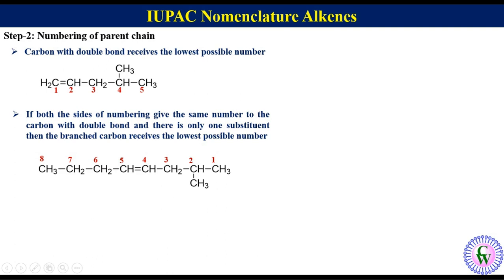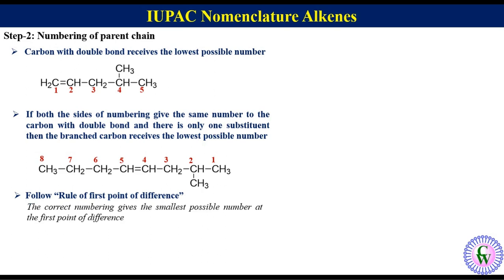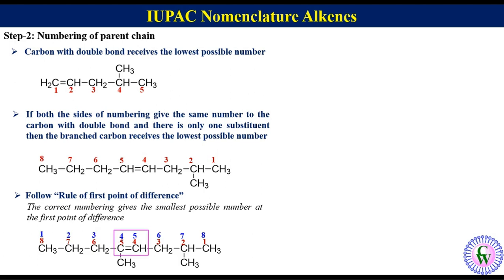If both the sides of numbering give the same number to the alkenic carbon and there are more than one branches, then rule of first point of difference is followed, according to which the correct numbering gives the smallest possible number at the first point of difference. For example, in this molecule, both the sides of numbering give 4 and 5 number to the alkenic carbons.